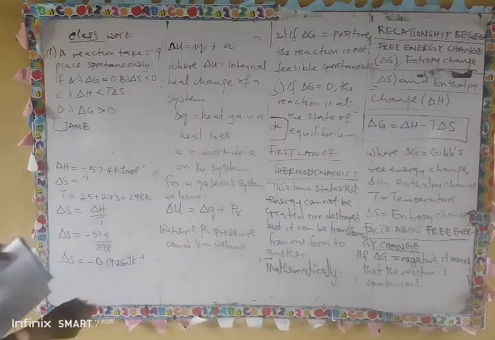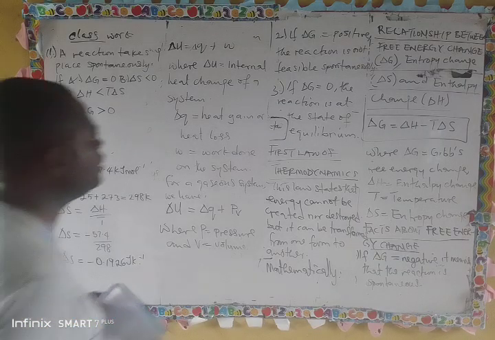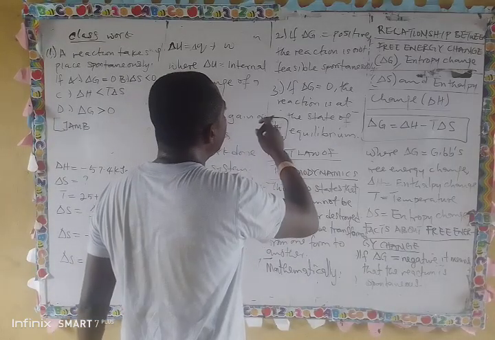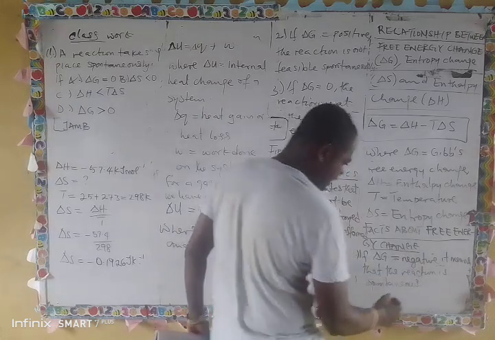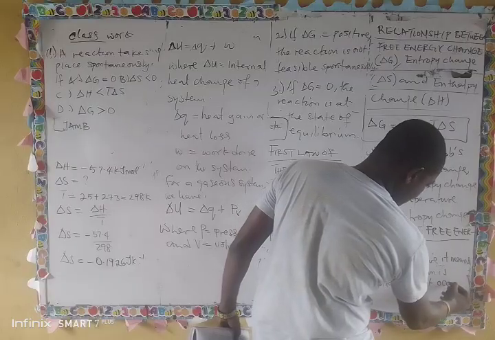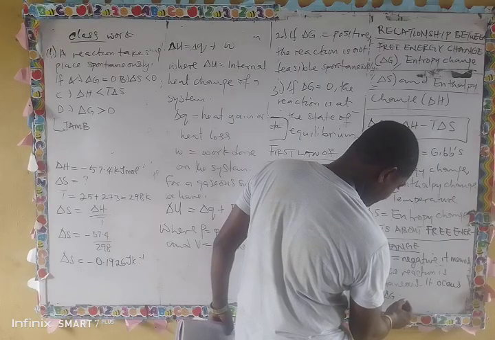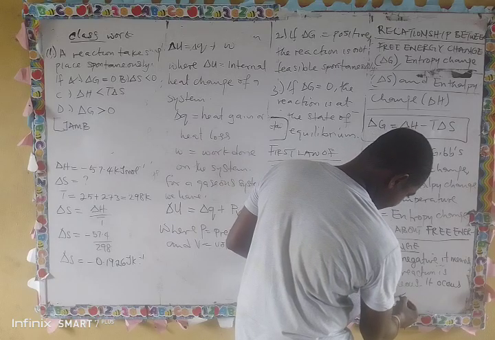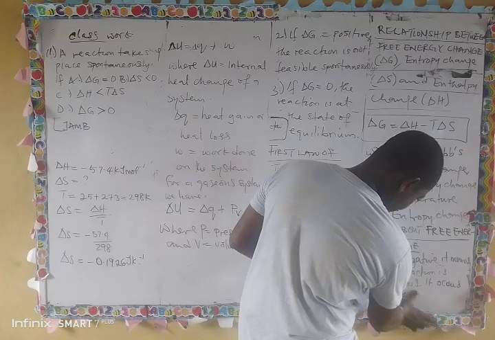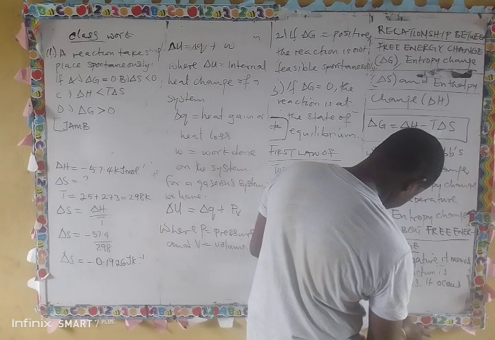So I should have told you here, where was I talking about delta G that time? In this place, for this reaction to be spontaneous, delta G must be negative. And it occurs if delta H is less than TAS.